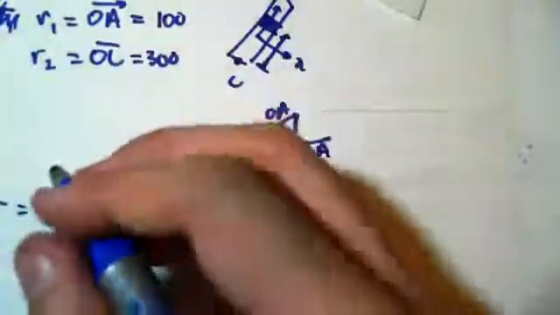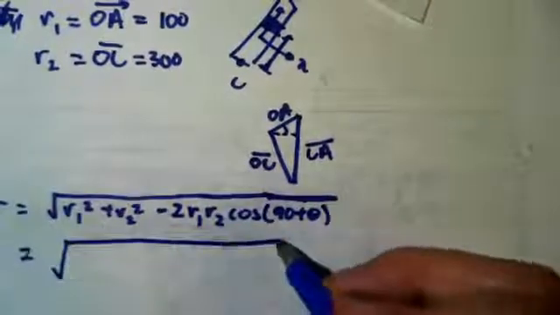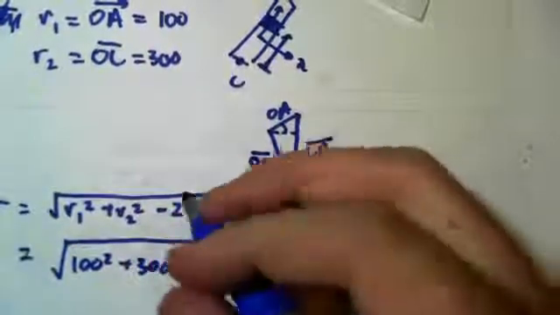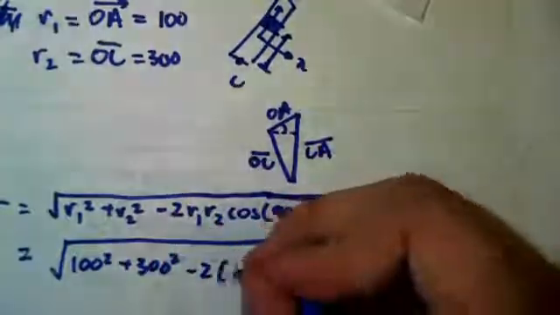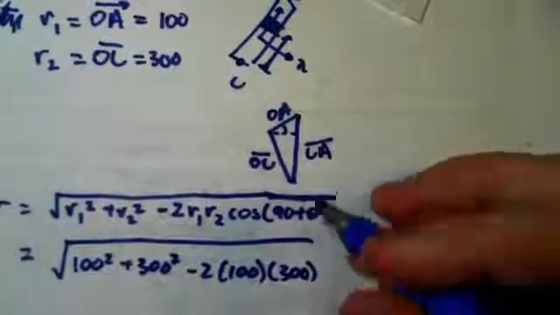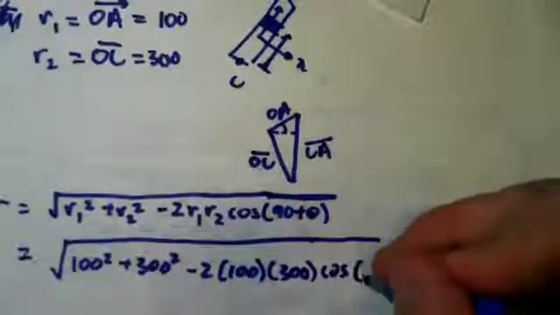If we substitute these values in, we get the square root of 100 mil squared plus 300 mil squared minus 2 times 100 times 300 cosine of 90 plus theta.